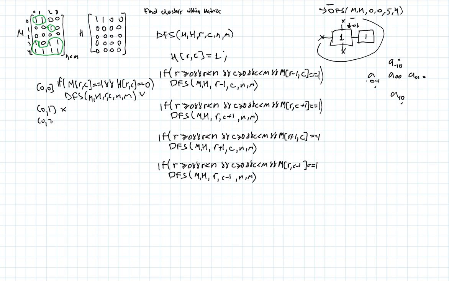It will skip the next one because it's 0. It will skip 0 3. It will skip 1 0, 1 2 and 1 1, and only it will run 1 2. And I guess this is how we go with it.